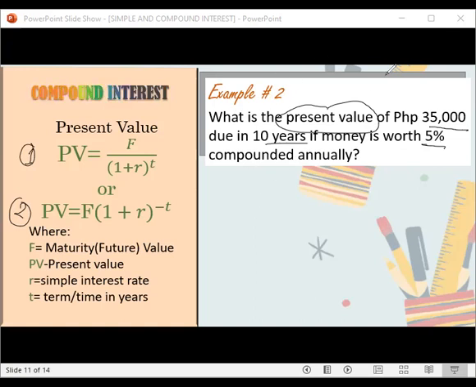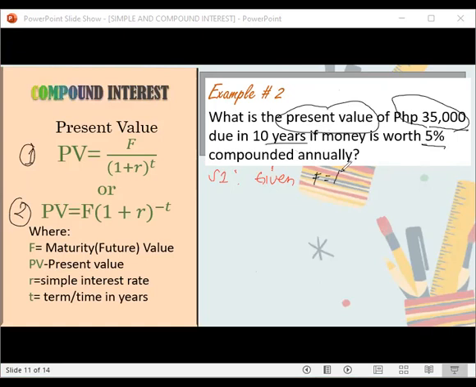So, step number 1 is given. So, 35,000. Ano ba yung 35,000 pesos na yan? That is our future value. Kasi remember, hinahanap natin yung present value, yung amount niya ngayon.